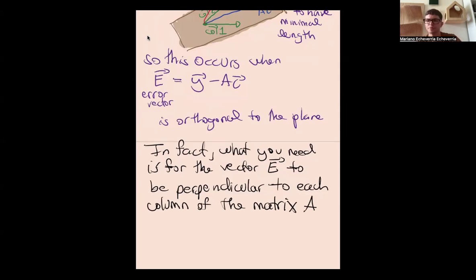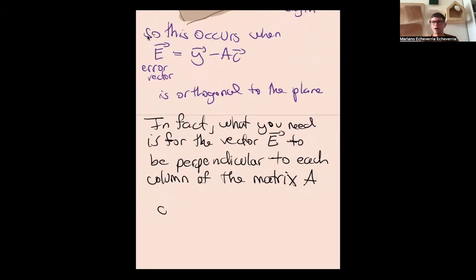So in this case, because there are two columns, how can you check two vectors to be perpendicular? Their dot product has to be 0, right? If you remember the dot product. So what you need is that the dot product between the column vectors and E is 0.